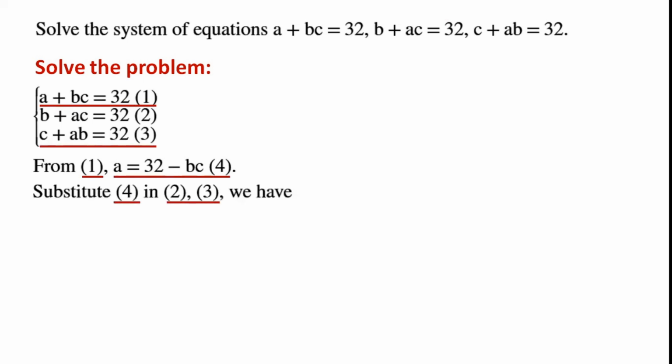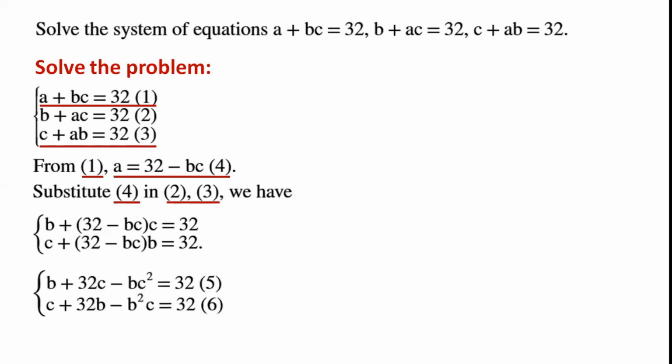Substitute equation 4 in equations 2 and 3. We have B plus (32 minus BC) times C equals 32, and C plus (32 minus BC) times B equals 32.